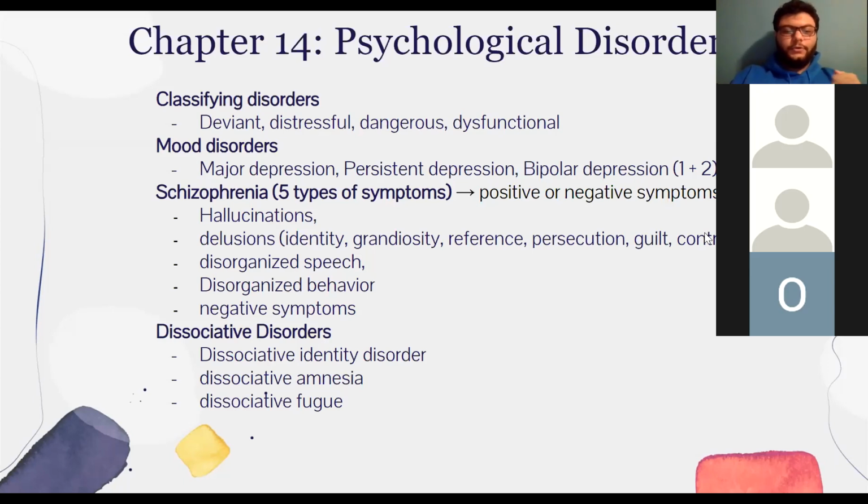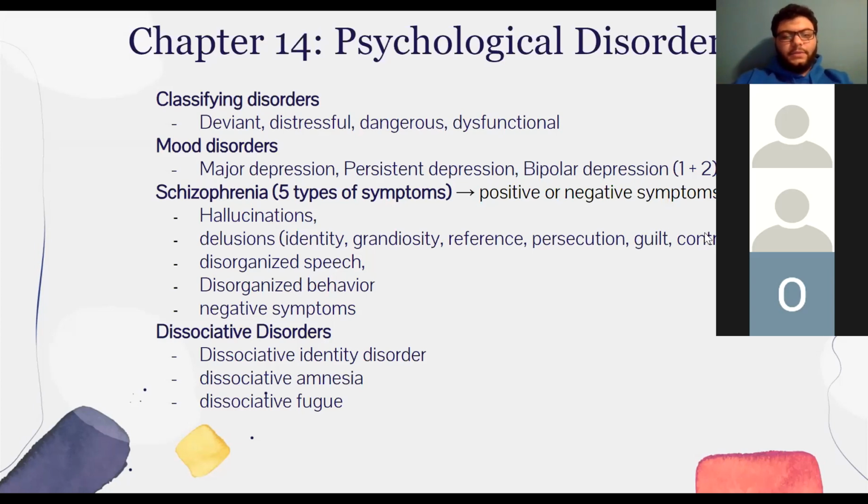So for any recall, disorganized speech and disorganized behavior. So anything like rhyming or grandiose bodily behaviors, anything like that, that's not normal. Or again, by normal we mean social norms or anything that classifies as deviant.